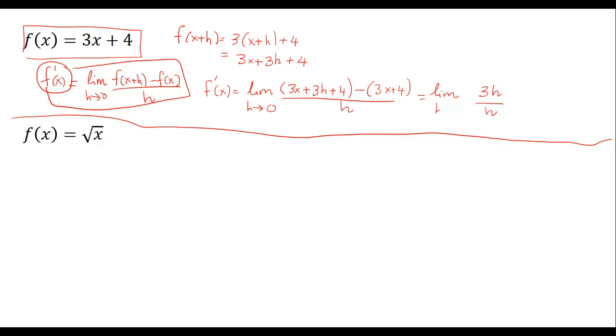So you only have this. When you are using algebraic forms in your limit, once you have this numerator and denominator, you can simplify this into 3. And you also know that if you have a constant value, whatever h you have doesn't matter, your value is just 3.